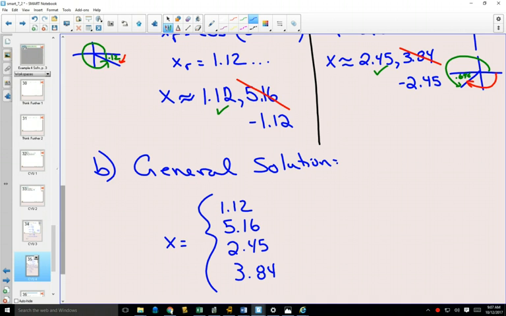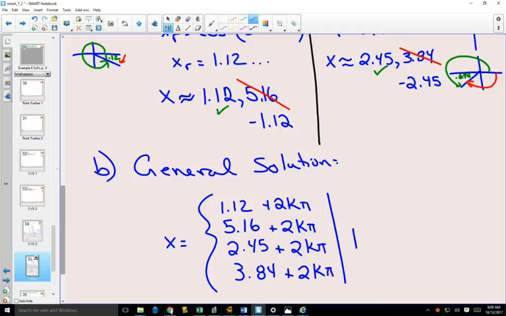So I like this actually because these are the first two that I found, and these are the second two that I found. And then to write all the coterminal angles with each of these, this is where we add 2k pi to each one, and there's our general solution.